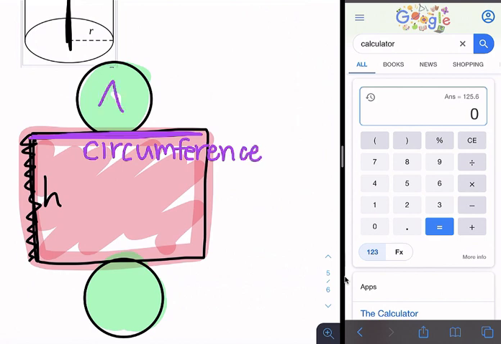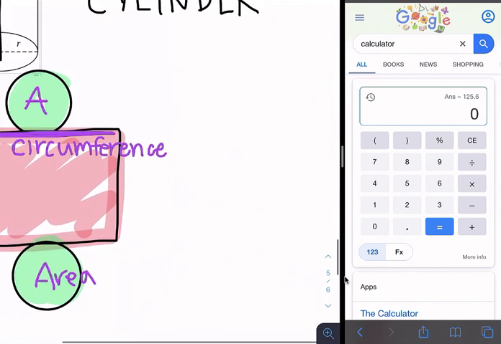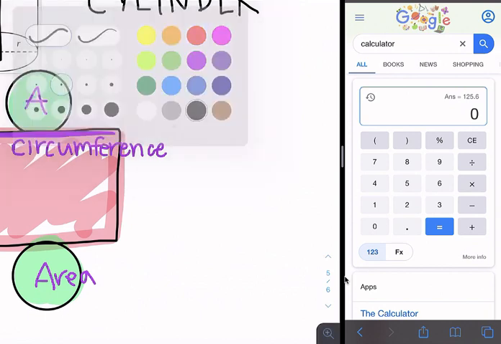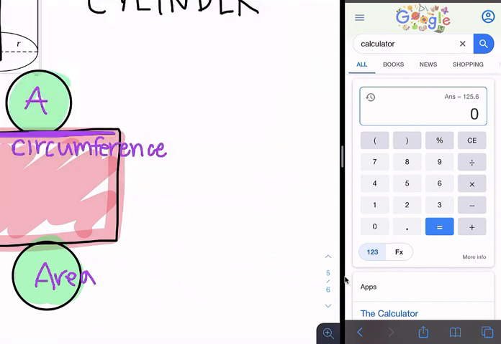Then we also need to find the areas of those two circles. So we need the rectangle and we need the two circles. So here's how we find this. We would find the area of the circle and multiply it by 2 because we have 2 of those same exact circles.